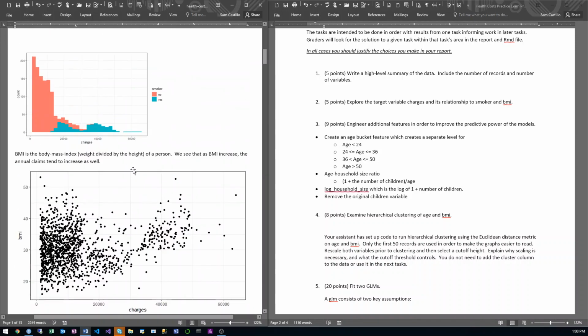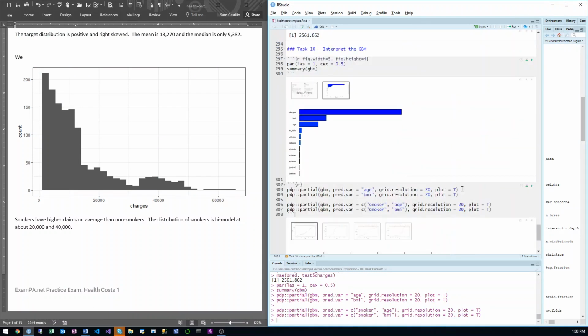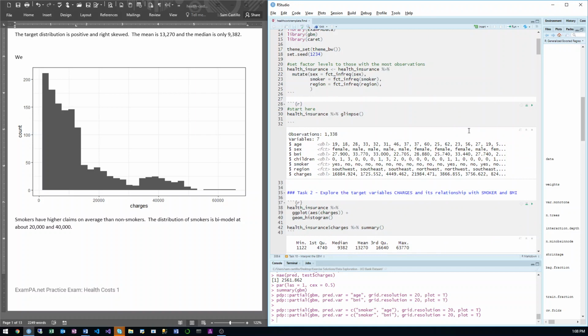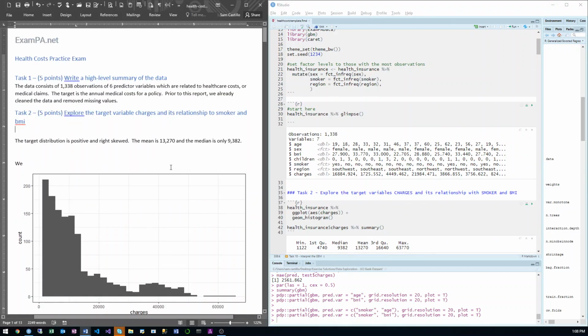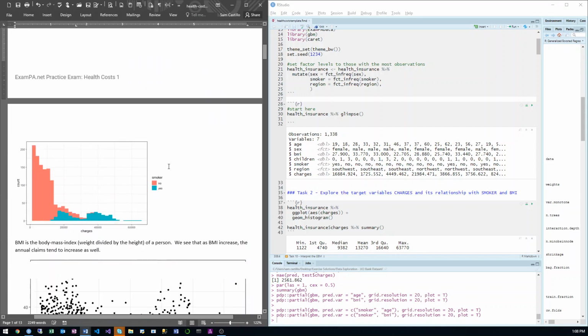We're looking at a lot of graphs. It would also be a good idea to include tables as well as graphs. Now these are all numeric, but you could show the mean for smokers versus non-smokers.